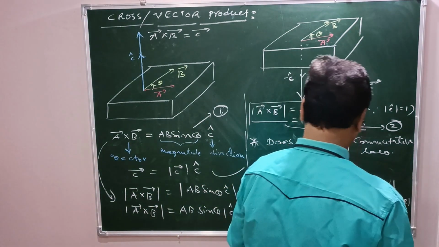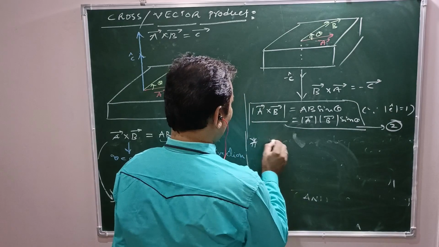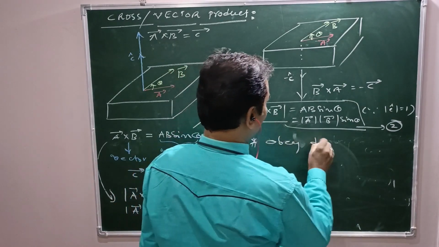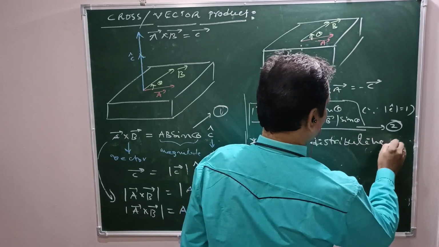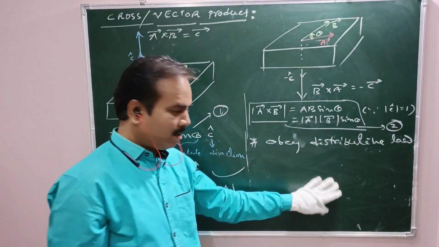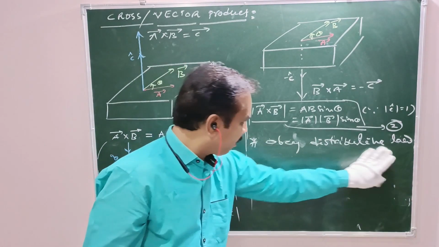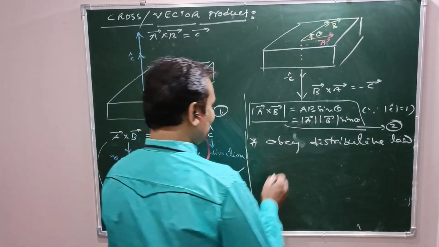Obey distributive law. Suppose A bar, B bar, C bar are three vectors.